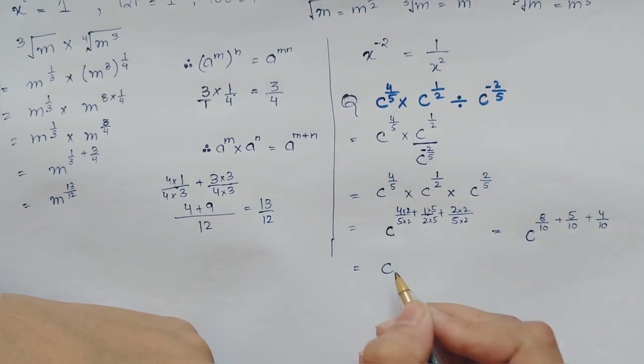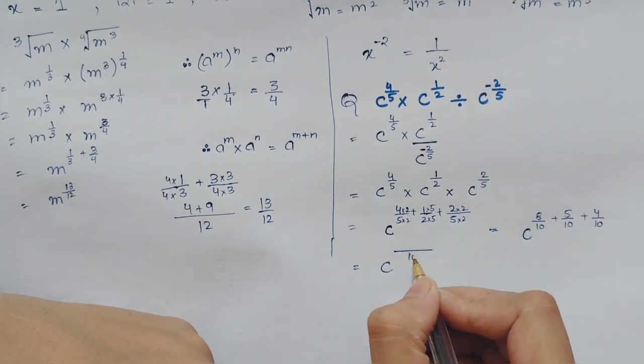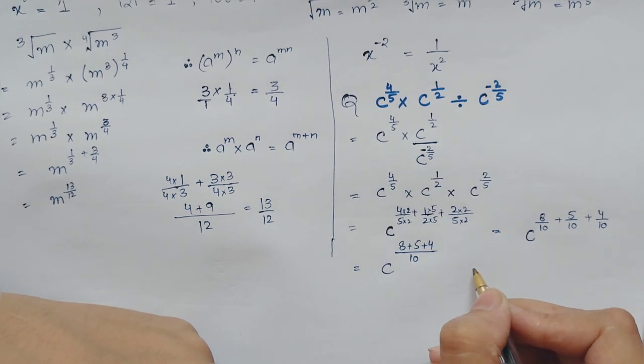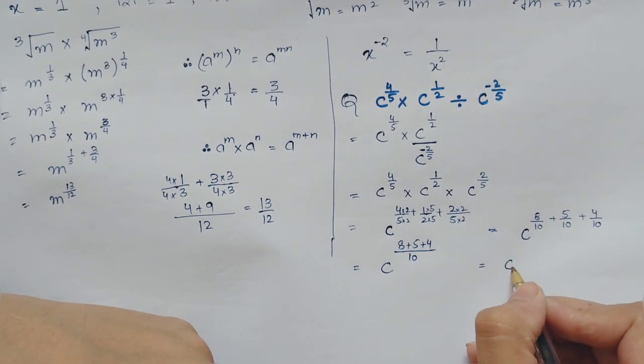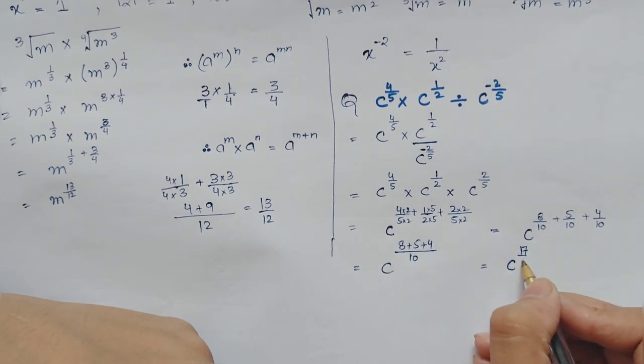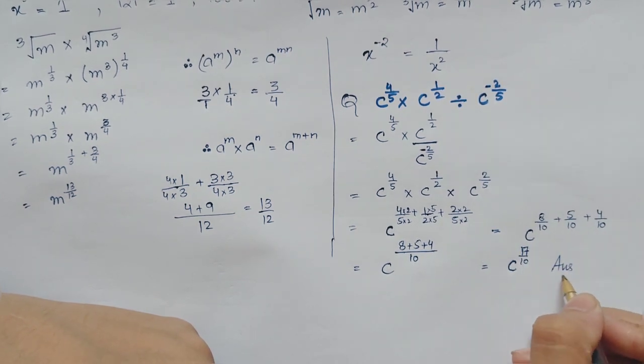Now the denominator is the same. We write 10, and 8 plus 5 plus 4 is 17, so 17 over 10. This is your answer.